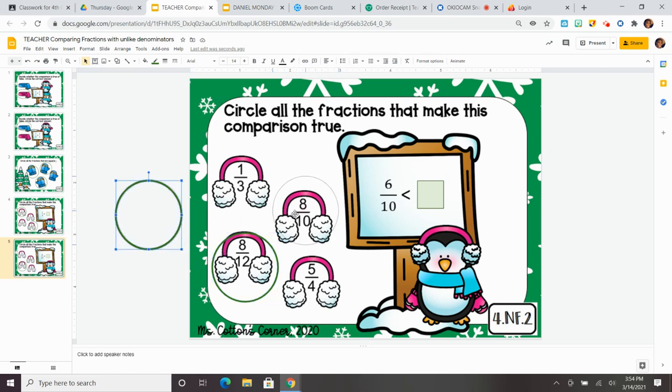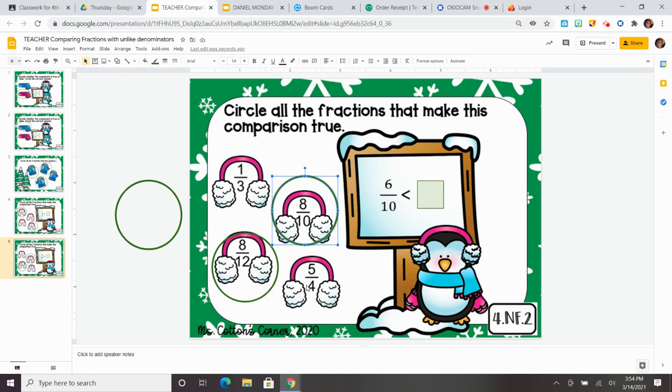And I'm going to teach you a little trick. Do you see how there's a 5 and there's a 4? The 5 is greater than the 4, correct? So that means the numerator is larger than the denominator. If you have a fraction like this where the numerator is greater than the denominator, that means it is an improper fraction. And all of the improper fractions are greater than 1 whole, okay?